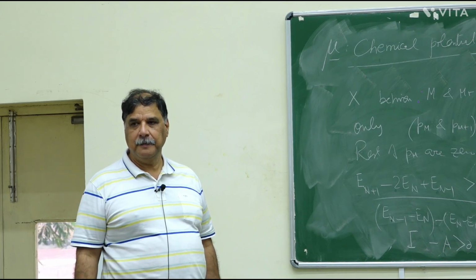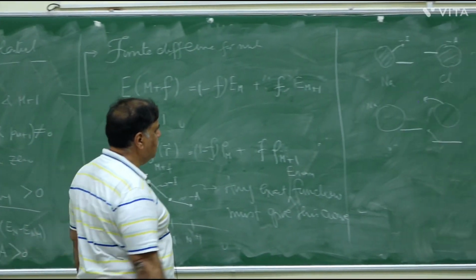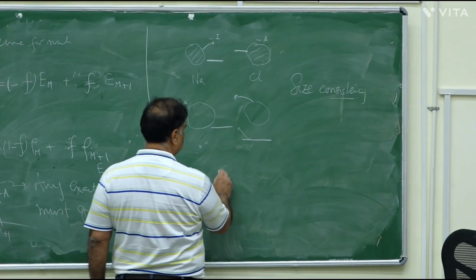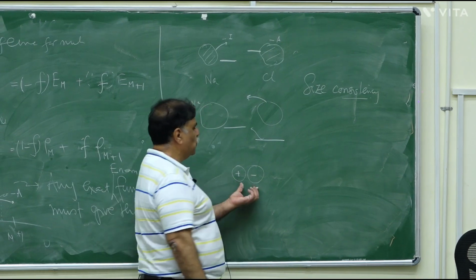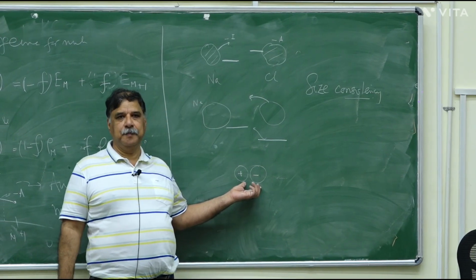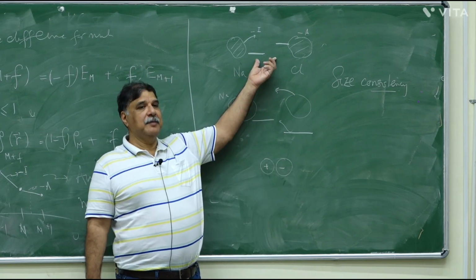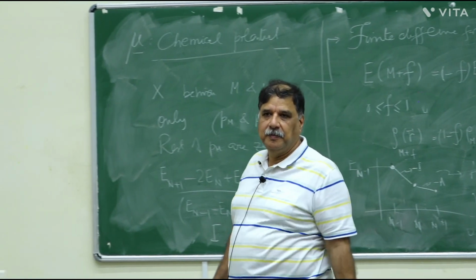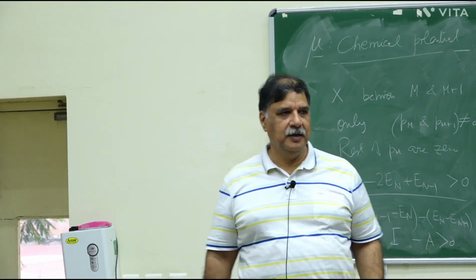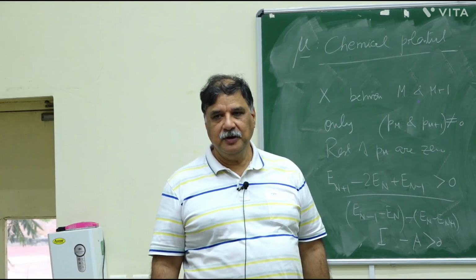That's the DFT language. Now obviously, if they come close together, then this becomes plus and minus. You gain in the electrostatic energy. If that electrostatic energy gain is enough to overcome I minus A, then you have a transport. That's how you make the energy model. Okay? So we have changed from that wave functional language to DFT language.